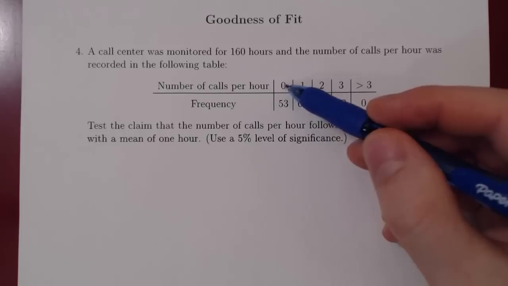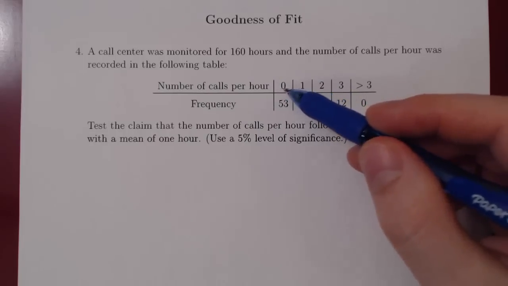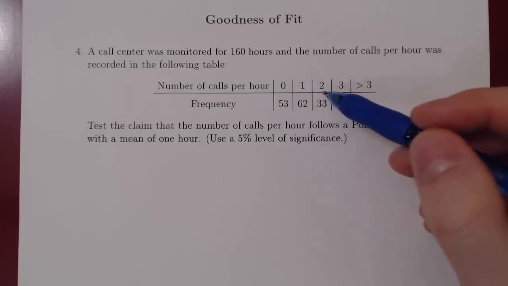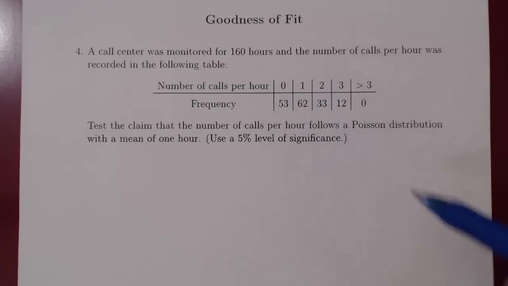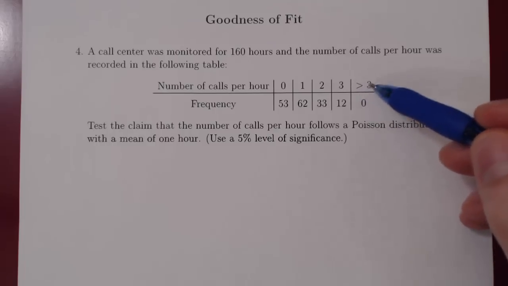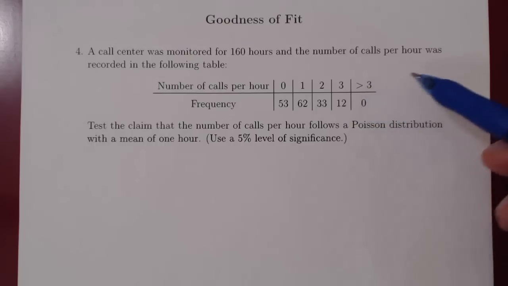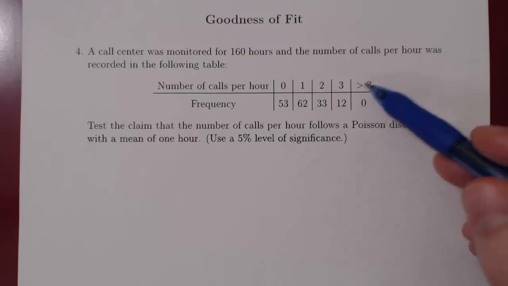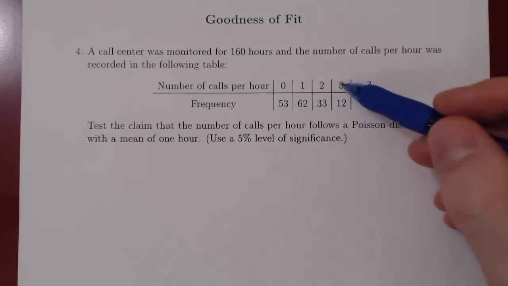The first category is maybe we received no call during 1 hour, maybe we received one, maybe two, maybe three calls in the given hour, or maybe our last category is more than 3 calls per hour. So maybe 4 or 5 or 6 or beyond. And you'll see very shortly why we stopped at 3.